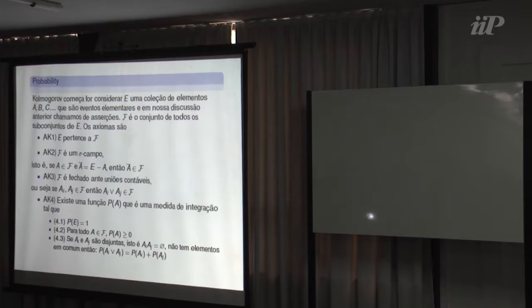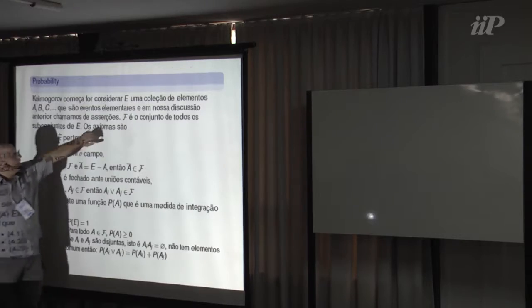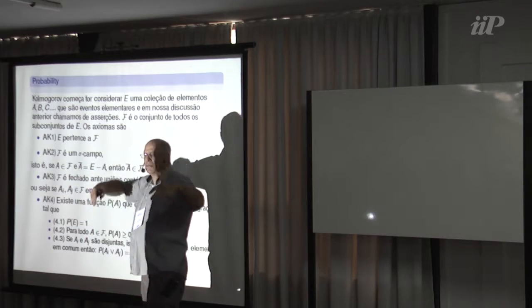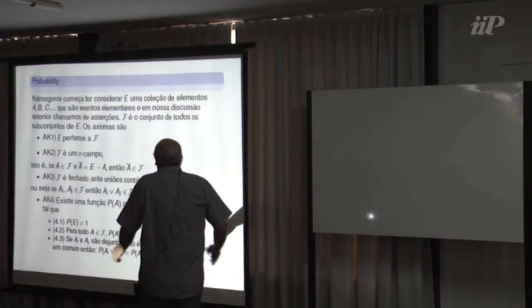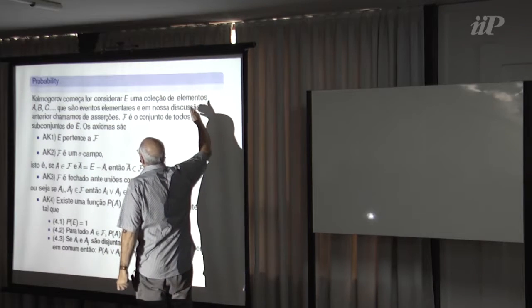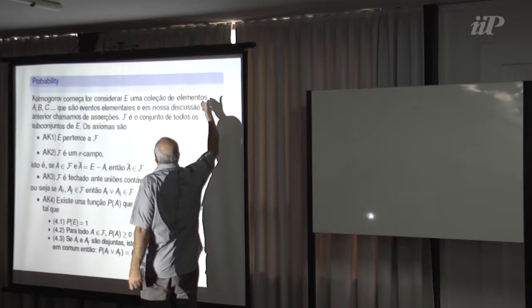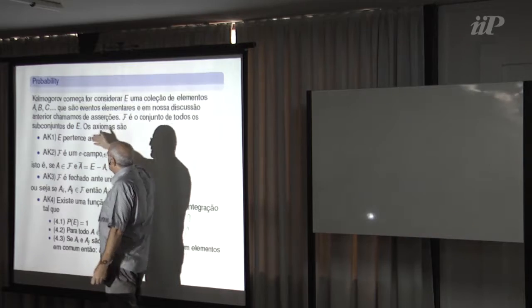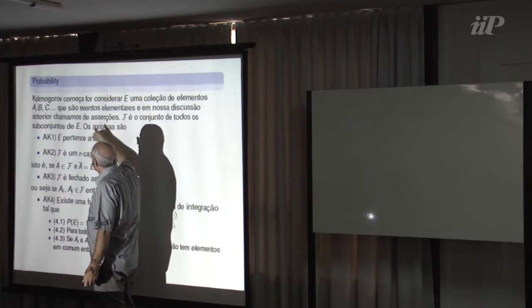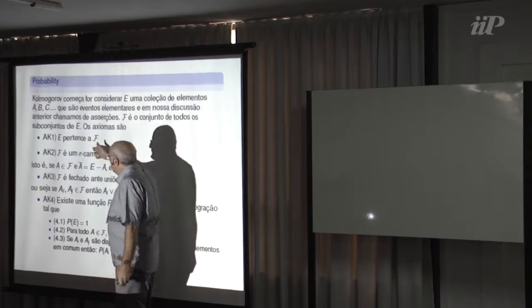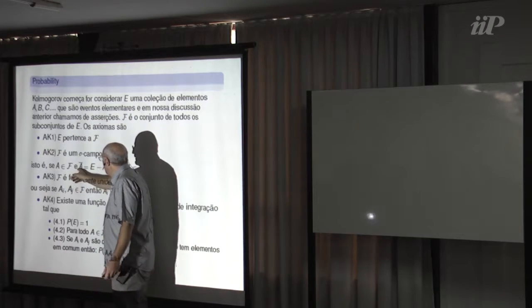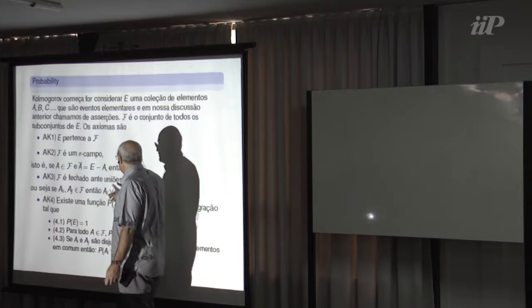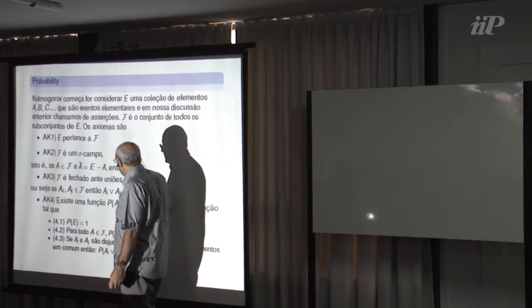What you know is that there is a universe, and E is a collection of elements, which are our assertions, elementary events. F is the set of all the subsets of E, and the universe is one of the elements of the set of all the subsets. It's a sigma field, which means that if A is in F, not A is in F, and F is closed under countable unions.